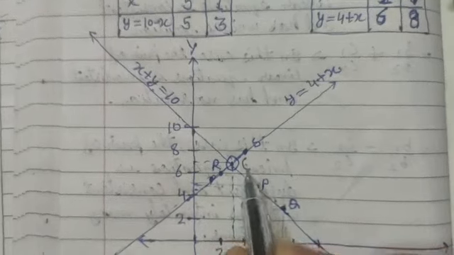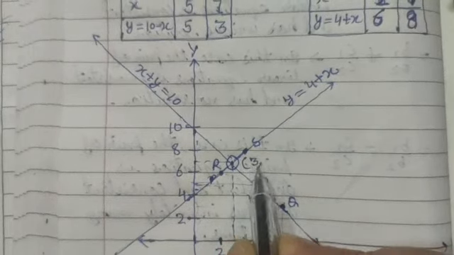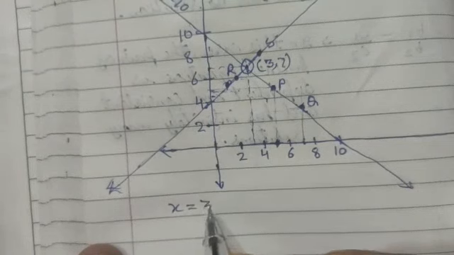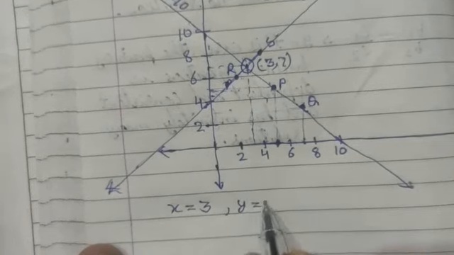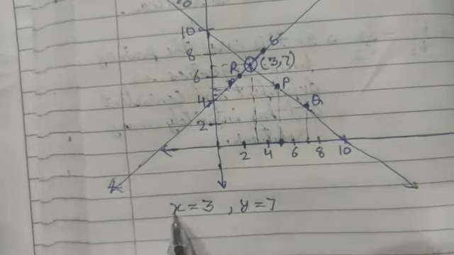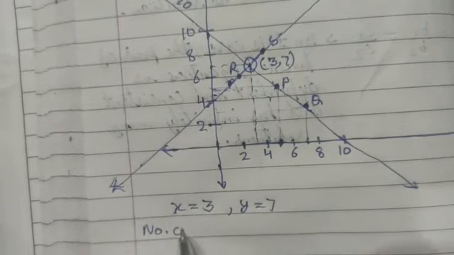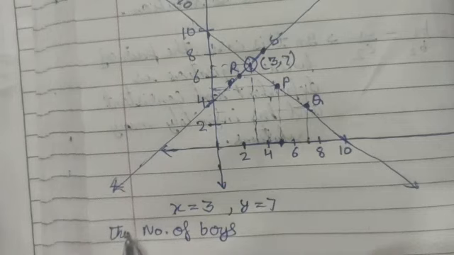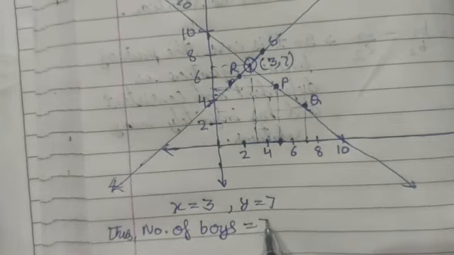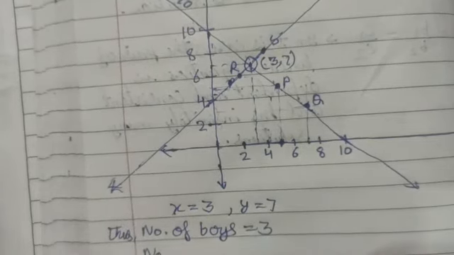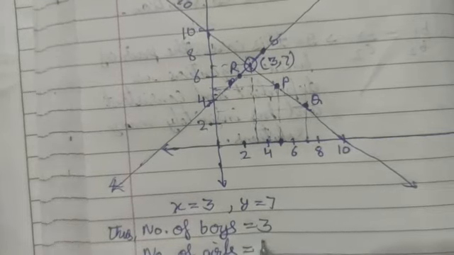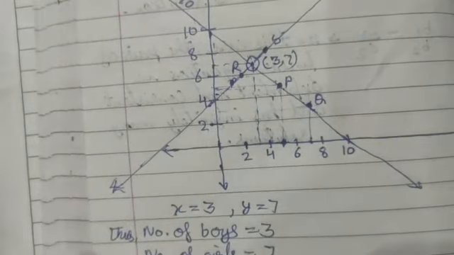You can see that the point of intersection is 3, 7. So the value of x is 3 and the value of y is 7, and we have taken x as the number of boys. Thus the number of boys is equal to 3, and y we have taken as the number of girls, so the number of girls is equal to 7, which we had to find out.